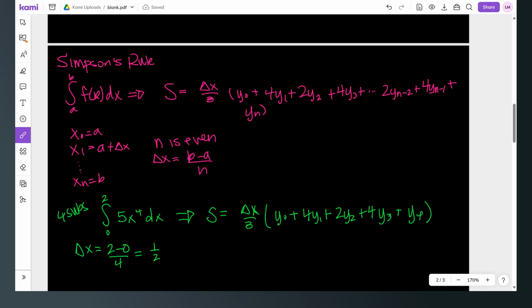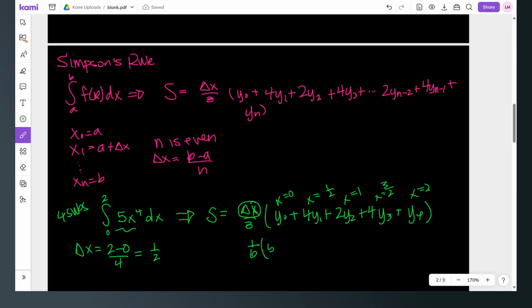All right, so I have 1/2 for delta x divided by 3, which is 1/6, and then I plug these into my function. So this is going to be when x is 0, when x is 1/2, when x is 1, when x is 3/2, and when x is 2. So I go back, plug it in here, and then go from there.